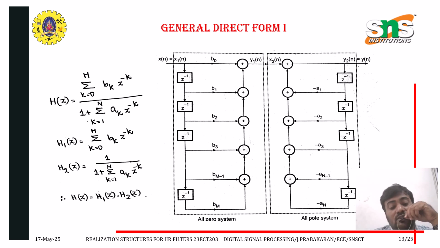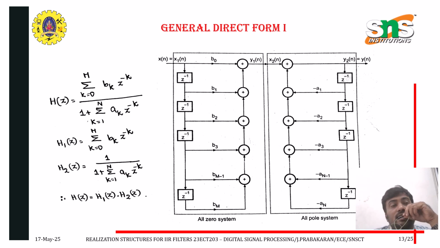Hence H of z equals H1 of z into H2 of z, where x of n is the input of the filter, y of n is the output, and a suffix k is the feedback coefficient from previous output. b suffix k is nothing but the feed forward coefficient.